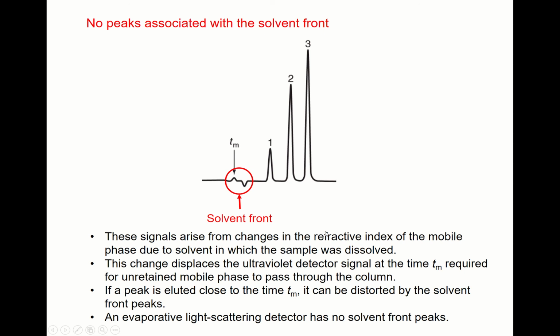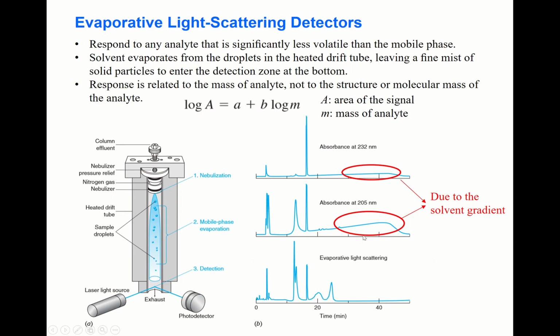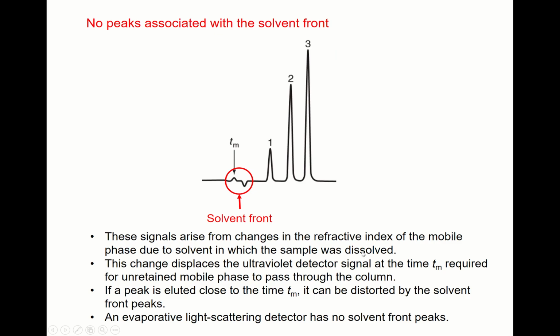This figure was taken from figure 13, but with evaporative light scattering, this part never appears. This trace displays the ultraviolet detector signal at the time Tm required for unretained mobile phase to pass through the column.